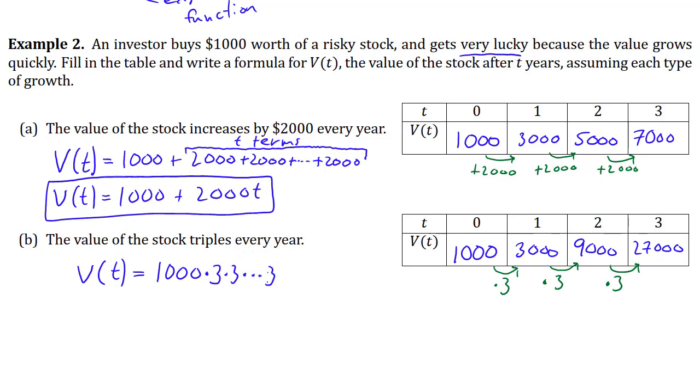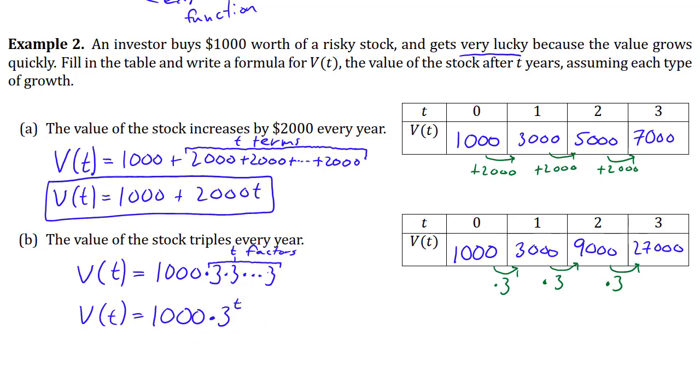I don't know how many, so I'm going to write it as dot, dot, dot, with t different factors of 3. And how do you write 3 times 3 times 3 times 3 that many times? It's just 1,000 times 3 to the power t.